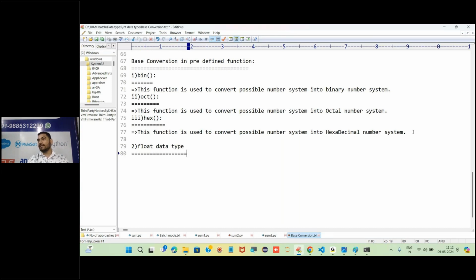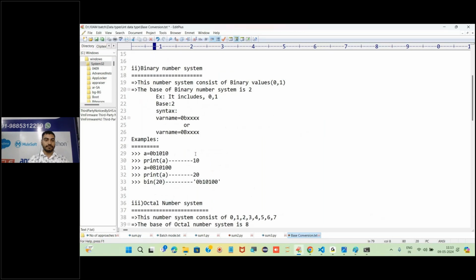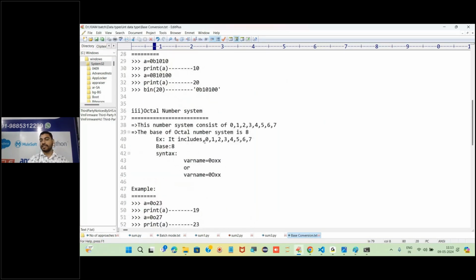Point numbers, decimal values, right? Every data type in Python is a predefined class. So float is a class. Simple. Getting it? Yes. Fine. So tomorrow we'll be seeing the float data type.